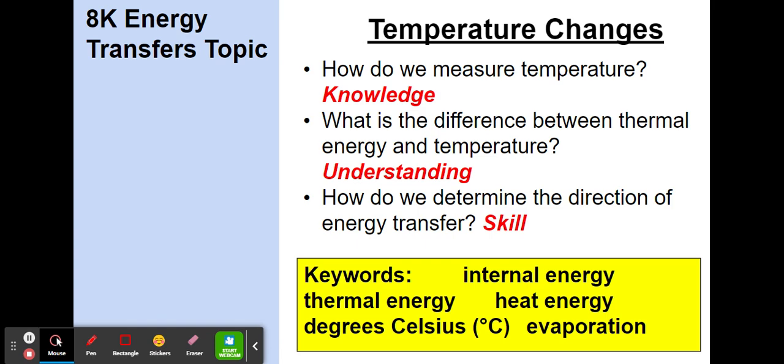And we've looked at some examples where we've got different sized objects at different temperatures and been able to determine which is going to have the higher thermal energy. And remember, we can also use the words internal energy and heat energy here. And finally, we've also looked at how we can determine the direction of energy transfer, being from the hotter object to the colder object, until both of them reach the same temperature.